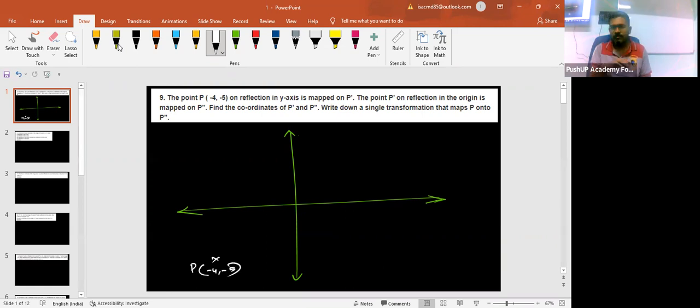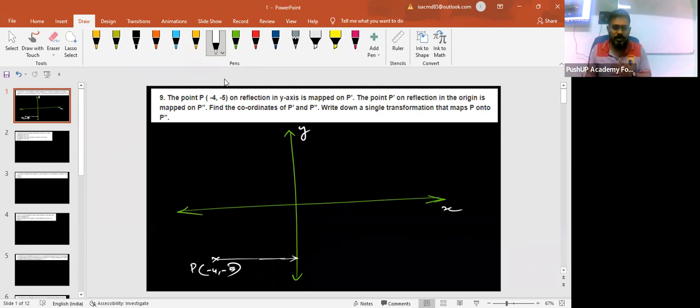Now this has to get reflected in the y-axis. This is your x-axis and this is your y-axis. Now it is getting reflected in the y-axis. So it will look like this. From the third quadrant, this point will go to which quadrant?